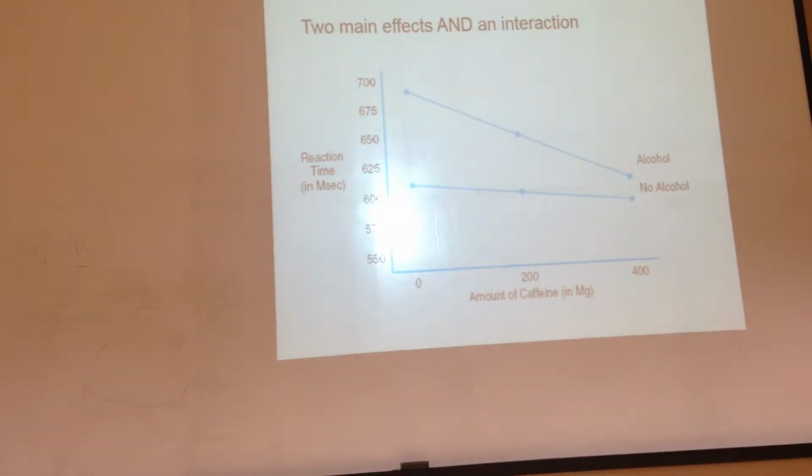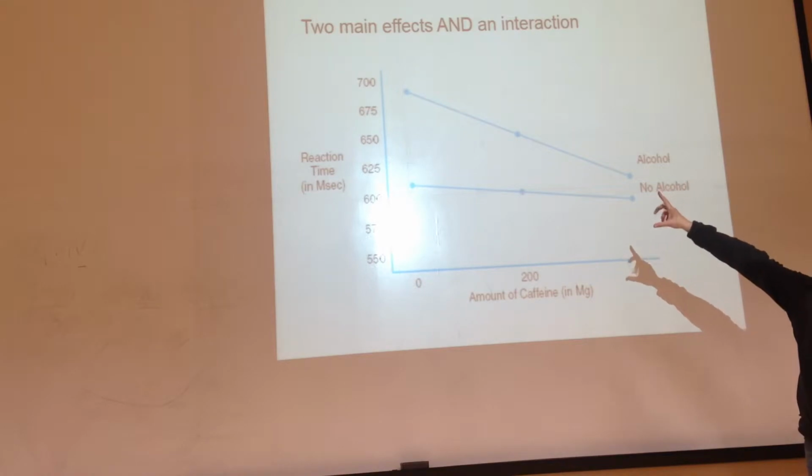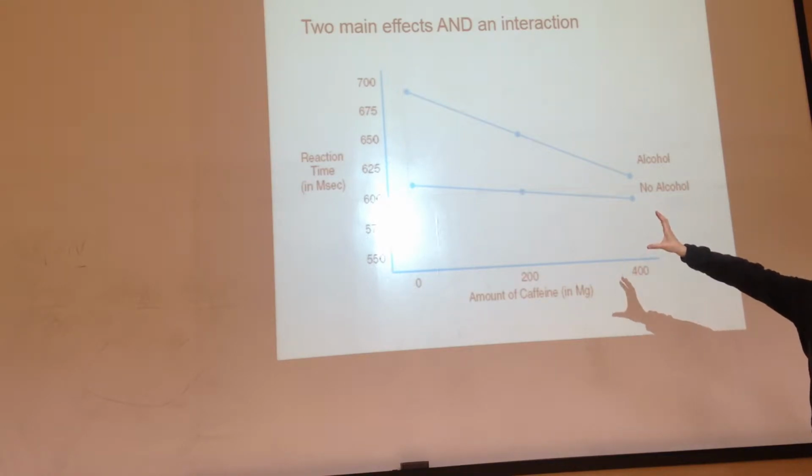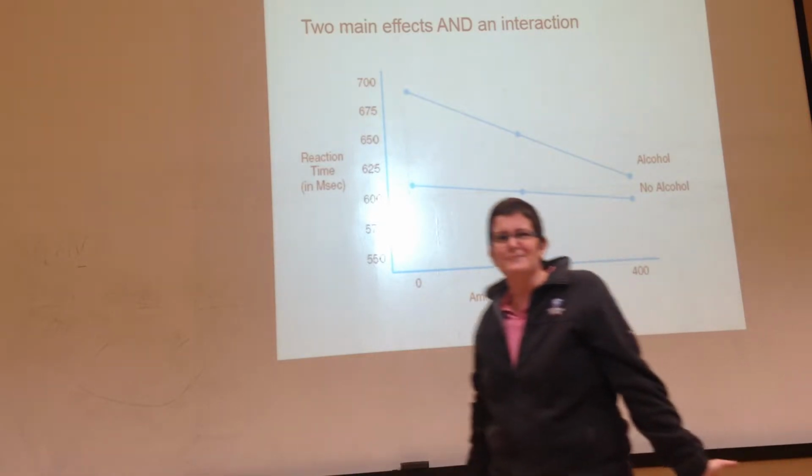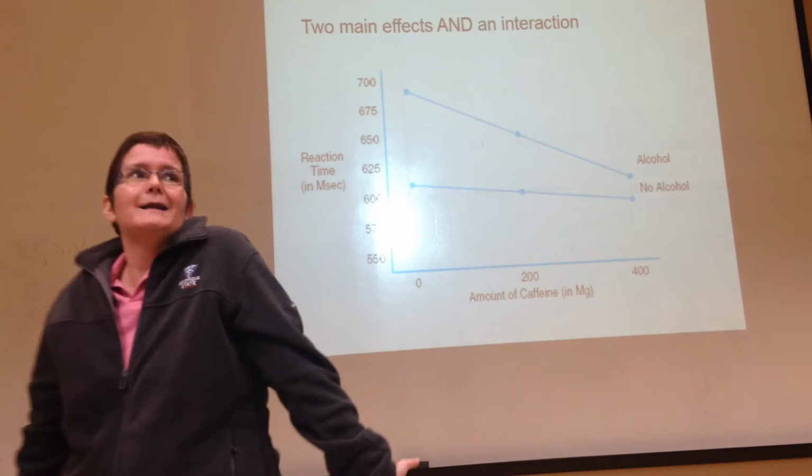Now if we think about the cue we use to tell if the variable in the legend is significant, right? That's how far apart the lines are. Well, again, the interaction messes with our cue because at the left side of the graph, they're really far apart, further apart than they were in the other graph. And at the right side, they're really close together. So are they far apart or not? Well, it kind of depends where you are in the graph. That's basically what an interaction is, right?